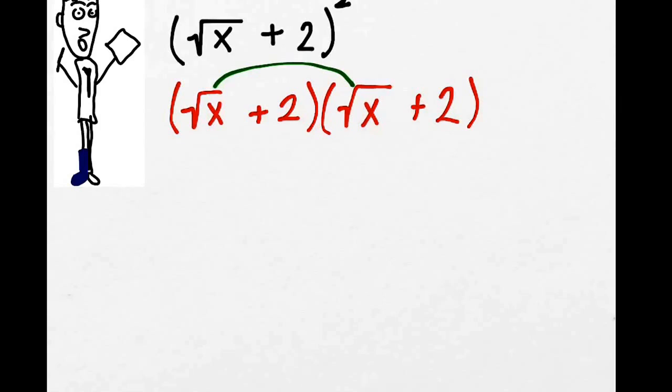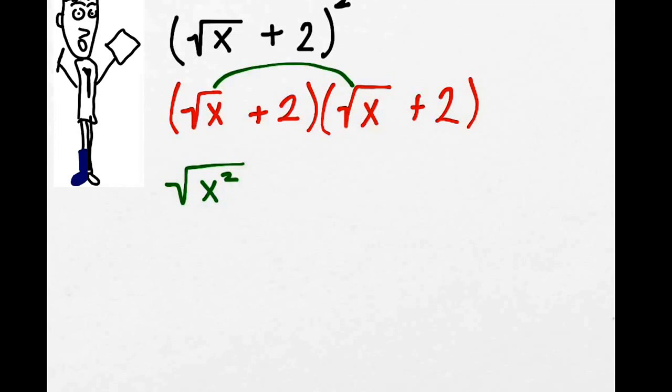So in other words, when I go with root x times root x, I'm going to keep my radical, and then since it's a root x times a root x, those exponents add. So it's going to be the square root of x squared, which I'm going to deal with in a minute.